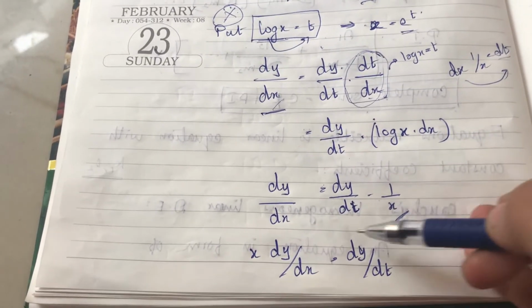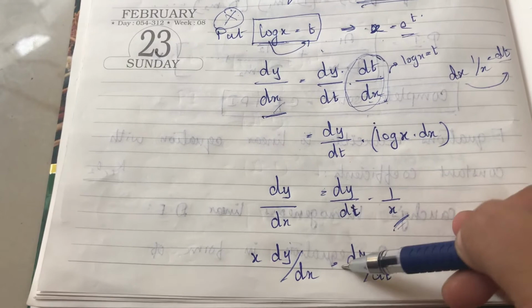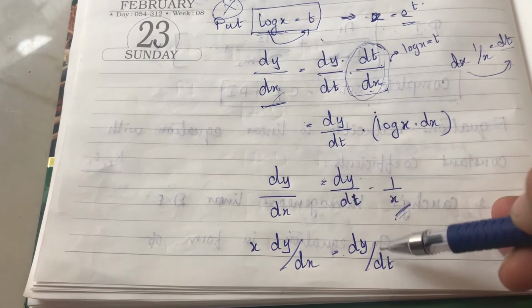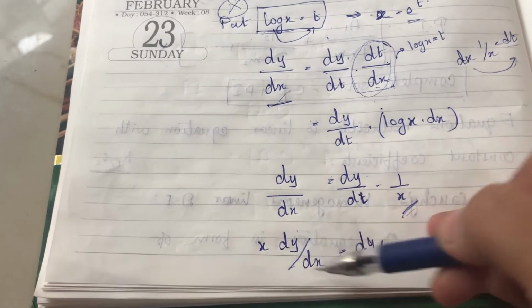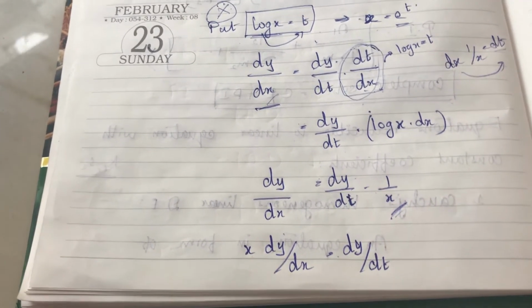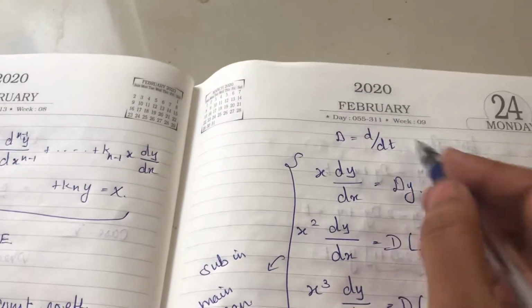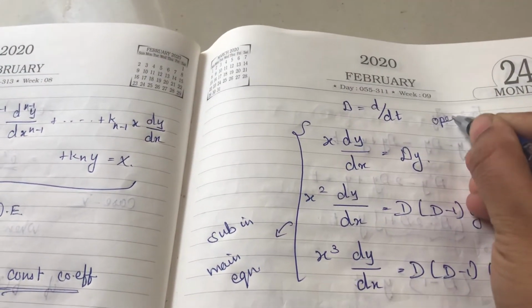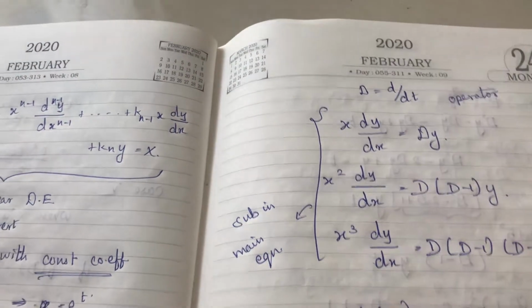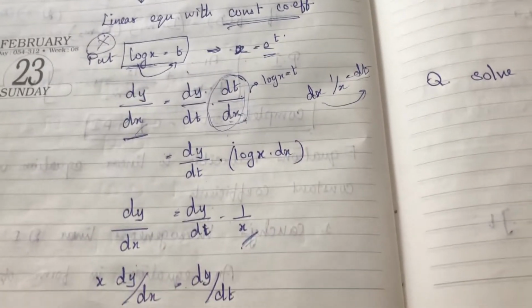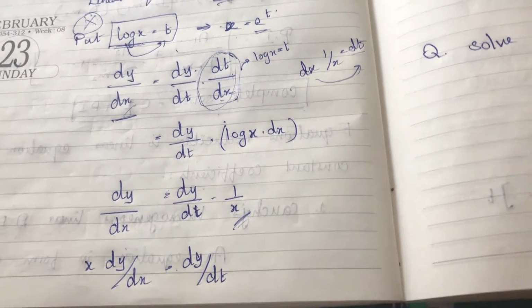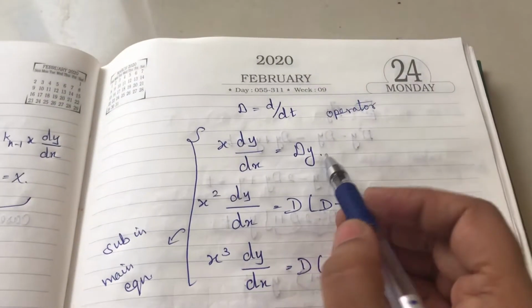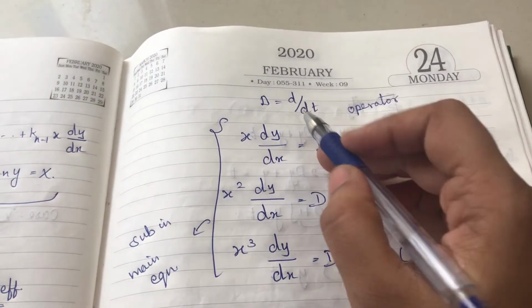So we can say dy by dx is equal to dy by dt, in terms of dt, but x should be added here. That's it. So we can write this in terms of the d operator. By doing so, x into dy by dx is equal to d into y, where d is d by dt.